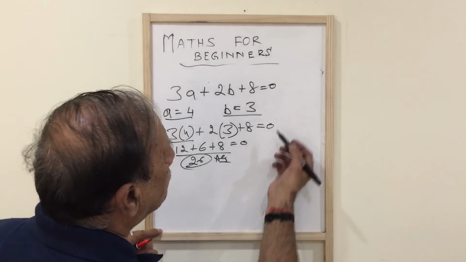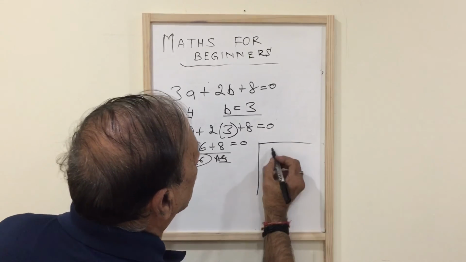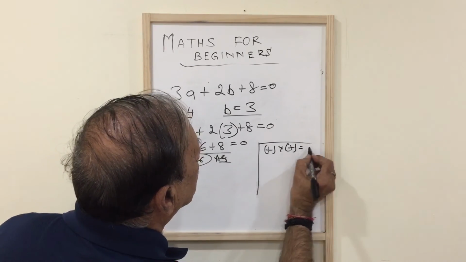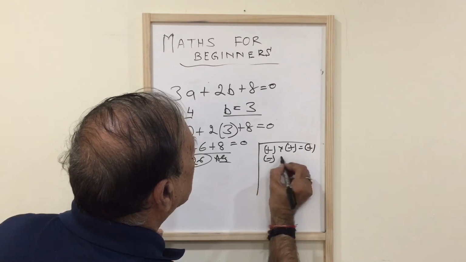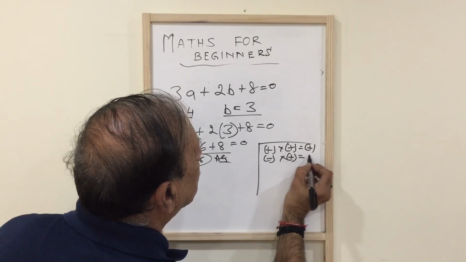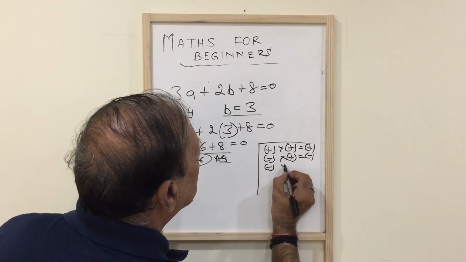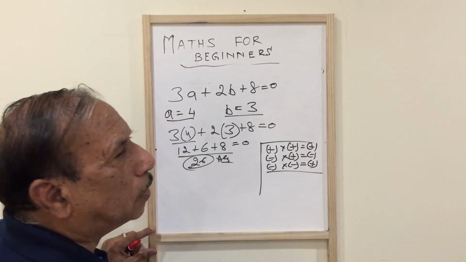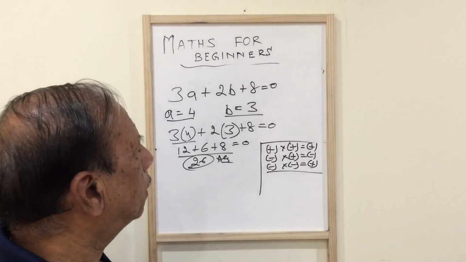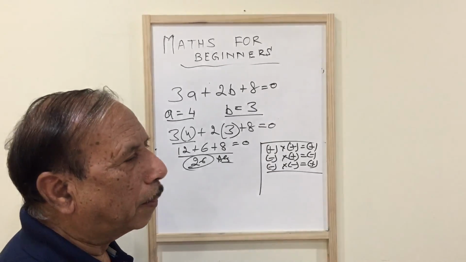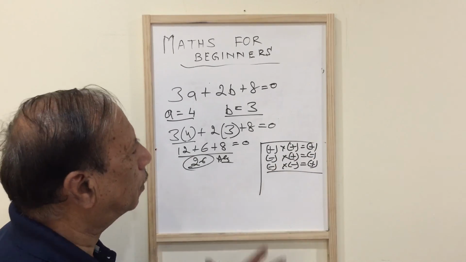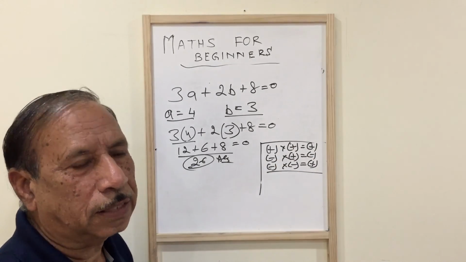I told you earlier the rules that plus multiplied by plus is equal to plus, minus multiplied by plus is equal to minus, and minus multiplied by minus is equal to plus. This is a very important rule and you have to take care of it while calculating. So when you calculate, you have to keep it in mind and you will get the right answer in that case.